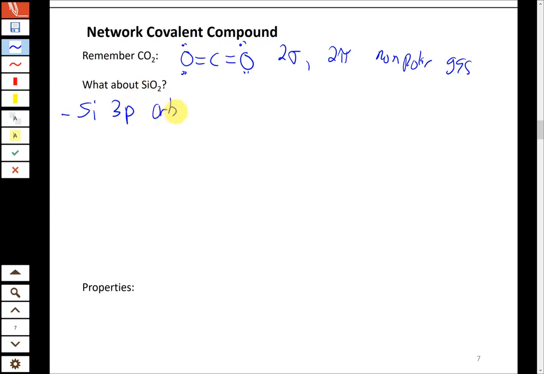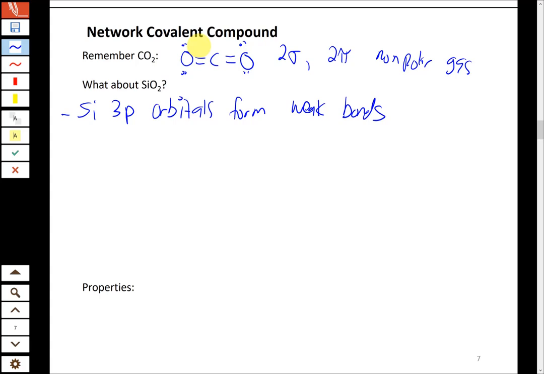It turns out something we haven't really talked about a lot in this course, but is important here, is that 3p orbitals tend to form much weaker pi bonds. We can form pretty strong pi bonds when we're using 2p orbitals on carbon overlapping with 2p orbitals on oxygen.